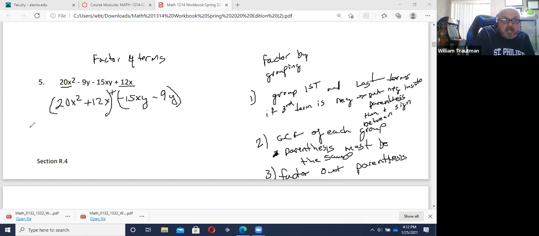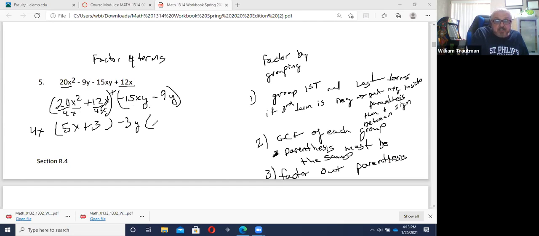Here, a 4 and an x factors out. 4 goes into both of these, and the lowest power x is x. When I divide each by 4x, I get 5x plus 3. The x's cancel here. On the next one, a negative 3 and a y. The lowest power y is y, and it factors out of there.